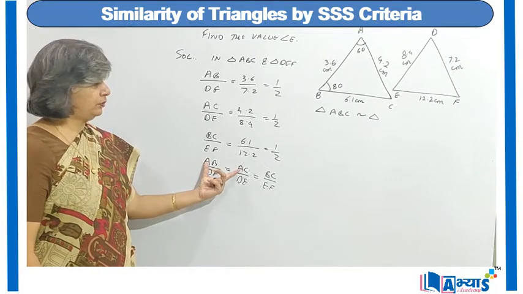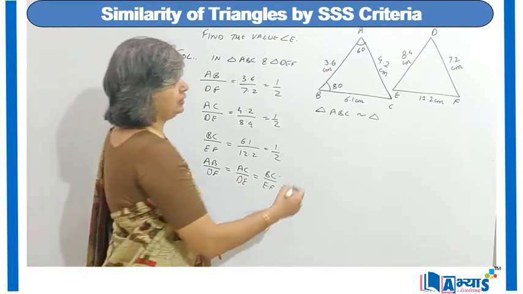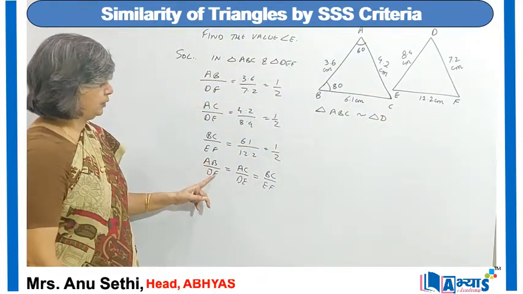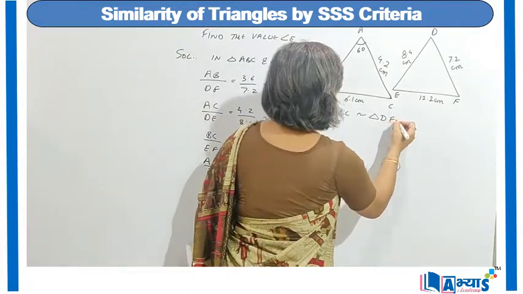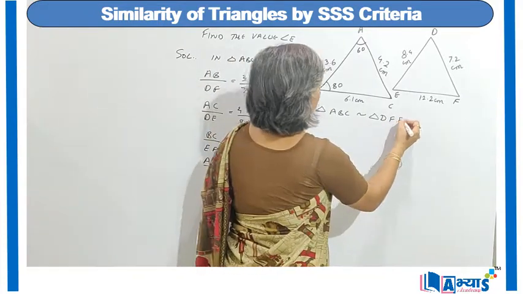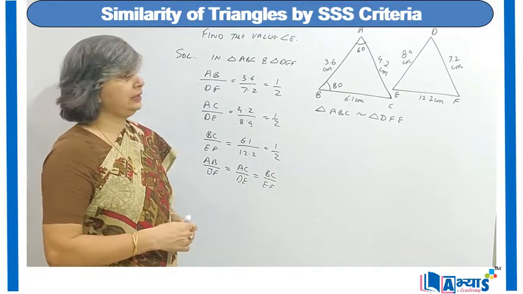That means A is common in the numerator and D is common in the denominator. So A is corresponding to D. Now we see that B is corresponding to F. So for B we will write F, and for C it is E. So we will write E. Therefore we can say that triangle ABC is similar to triangle DFE.